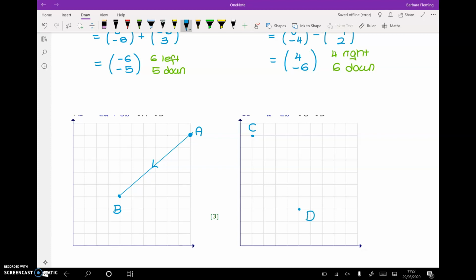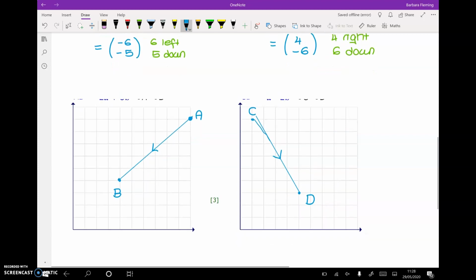And that's our D. And again, drawing a straight line between them, C to D. That one's very dodgy. Your drawing will be better dragging. It should be roughly like that. And then your arrow from C to D. So 4 right and 6 down. And that's you done for that exercise.